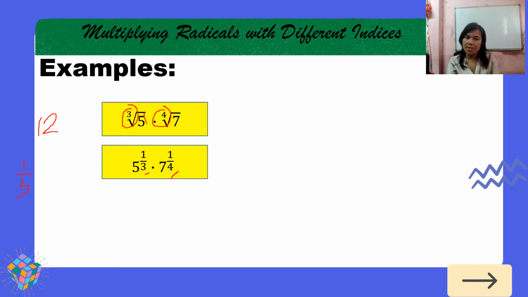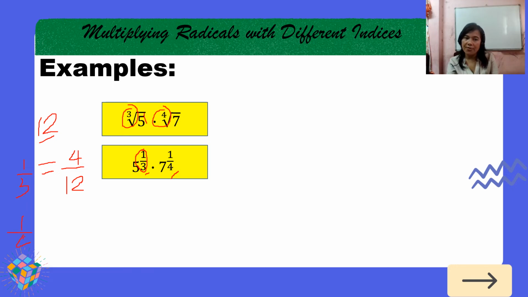Transform mo siya as equivalent fractions. So, 12 ang magiging denominator mo. 12, tapos divide times. Ano yung divide times? 12 divided by 3 is 4 times 1. So, meron tayong 4. So, yung 1/3 dito magiging 4/12 na. Okay?